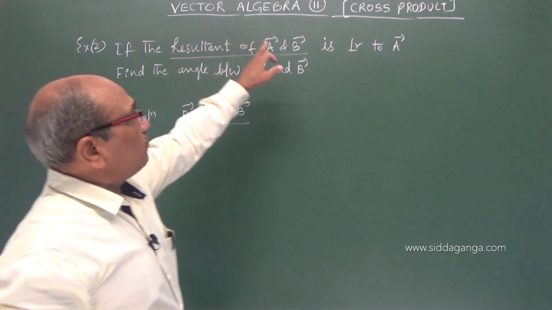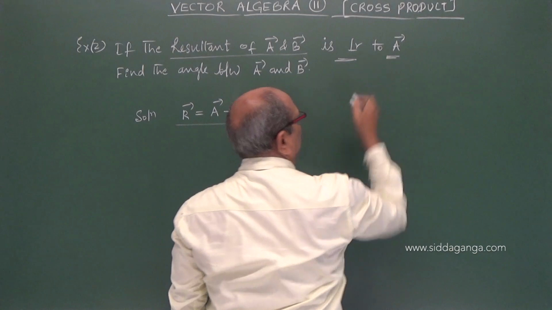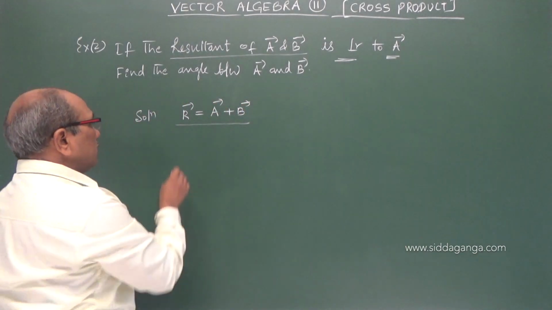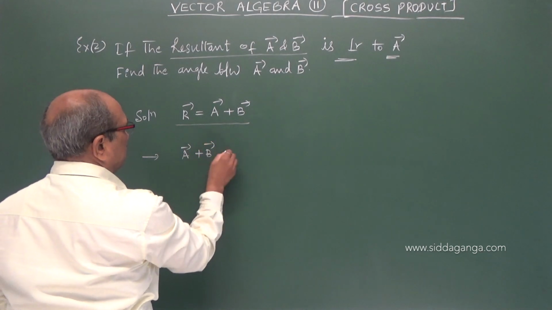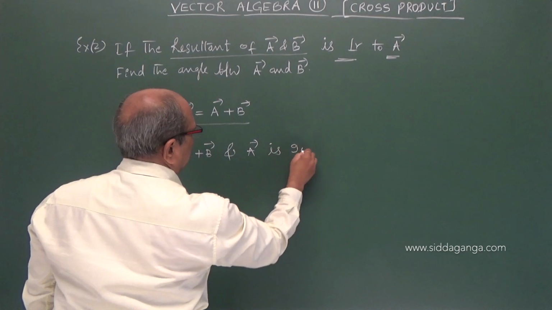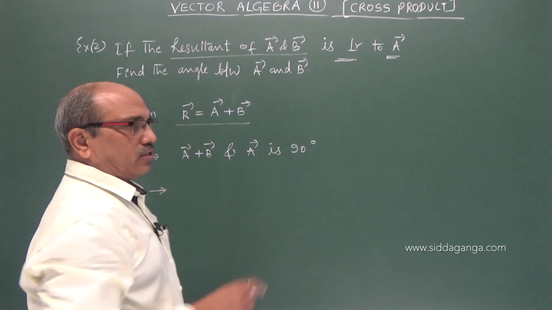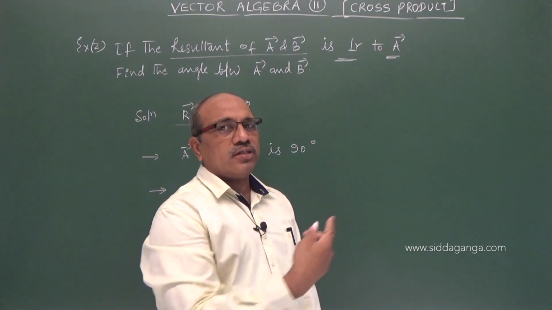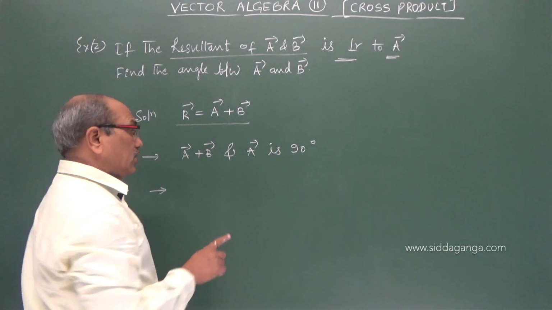But the resultant of A and B and A are perpendicular, meaning here the angle between A plus B and A is 90 degrees. So therefore I can take the dot product. Why take the dot product? It vanishes and helps us get the value of the angle easily.